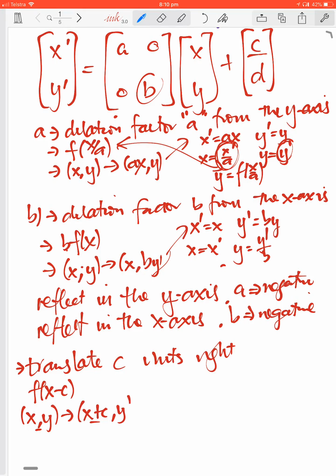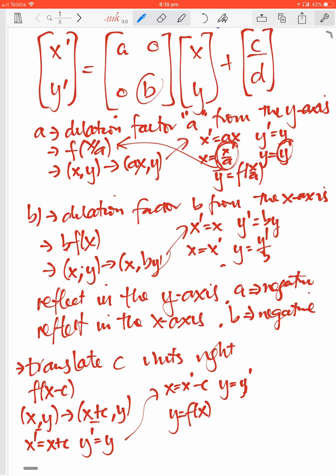And y, so our image, x dash equals x plus C, y dash is equal to y. From there, we get x is x dash minus C, and y equals y dash. If y equals f of x, we're going to get y is equal to f of x minus C, which means to translate it C units right. So we know that's right.